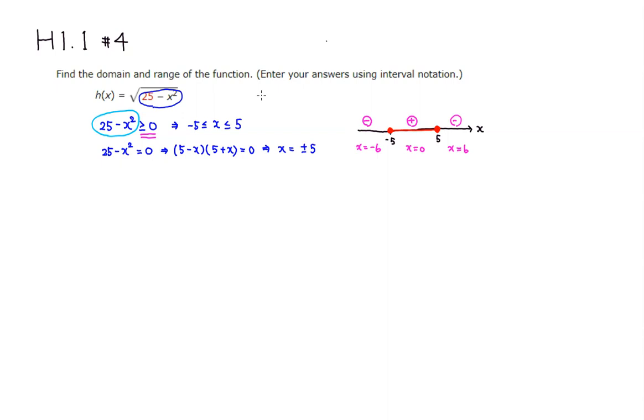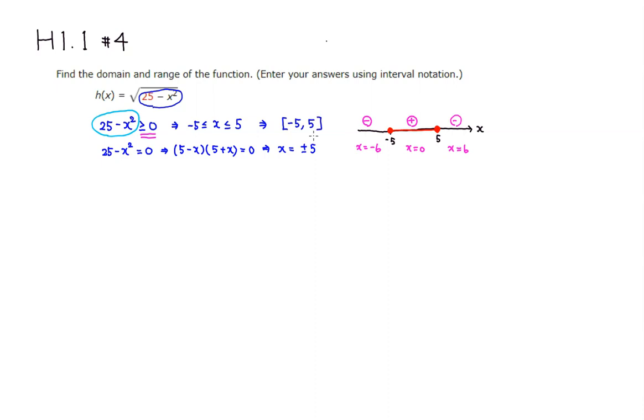In interval notation, it's negative 5 to positive 5, including those endpoints, so it's a left square bracket, negative 5 and positive 5 with the right square bracket.